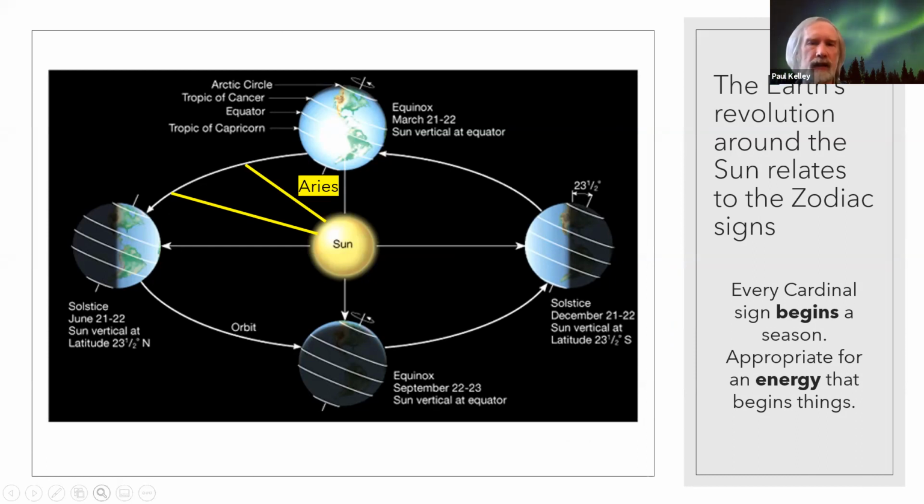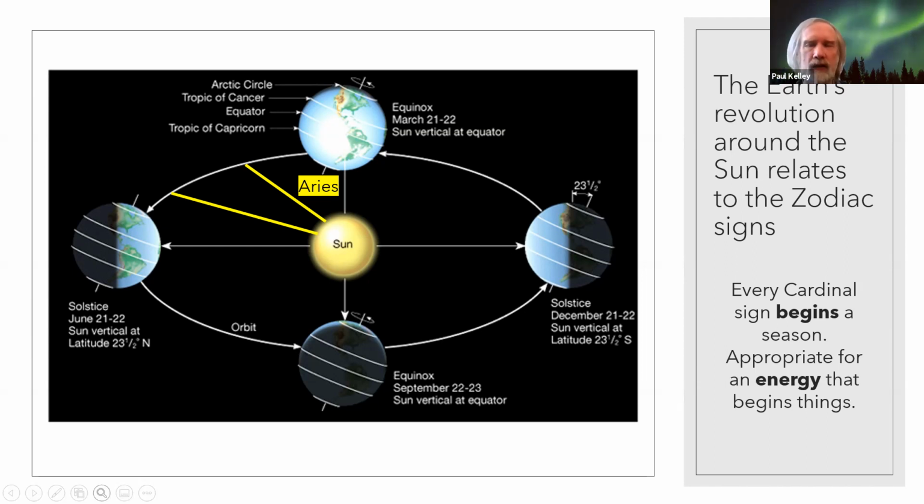The Earth is coming around to that point in the orbit where the sun is directly overhead the equator. It will move to a point where the Earth is tilted the maximum amount toward the sun, which is the northern hemisphere summer and the southern hemisphere winter.